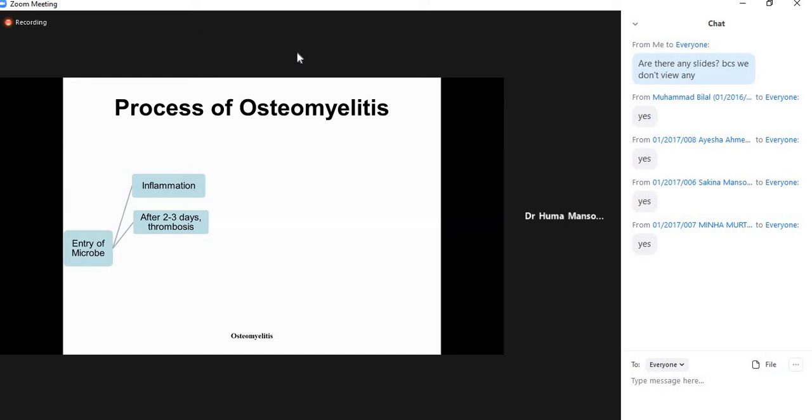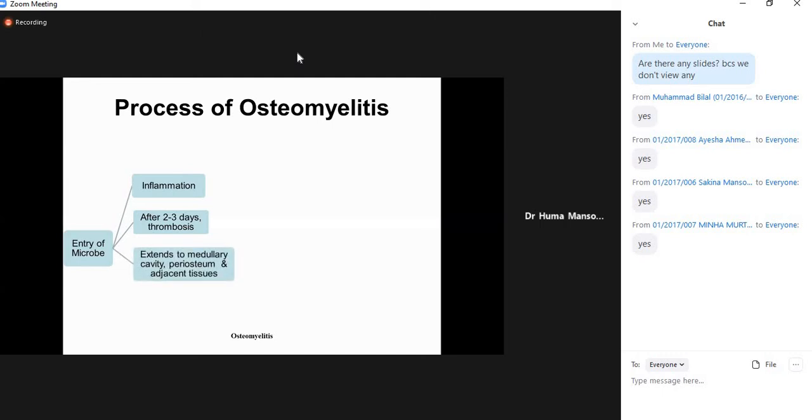We have also read that when there's edema owing to the inflammation, the juxtaposed vessels start getting obstructed because of the pressure of that inflammatory process going on in the background. They start occluding. The vessel gets compressed, so the phenomenon of thrombosis occurs. That thrombosis adds up and can lead to necrosis.